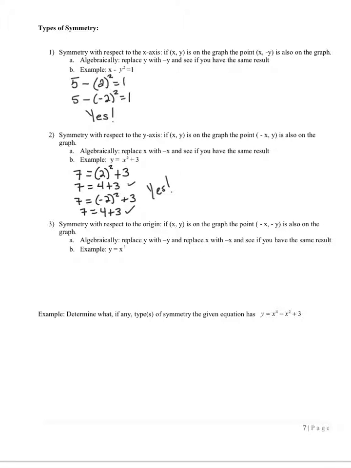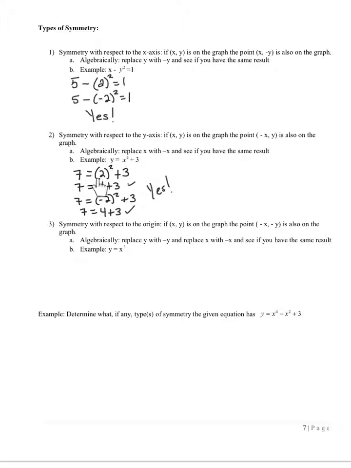Next, we are looking at symmetry with respect to the y-axis. If the point x, y is on the graph, the point negative x, y is also on the graph. This would give us symmetry with respect to the y-axis. So entering these numbers algebraically, we're going to use 7 for y and 2 for x.